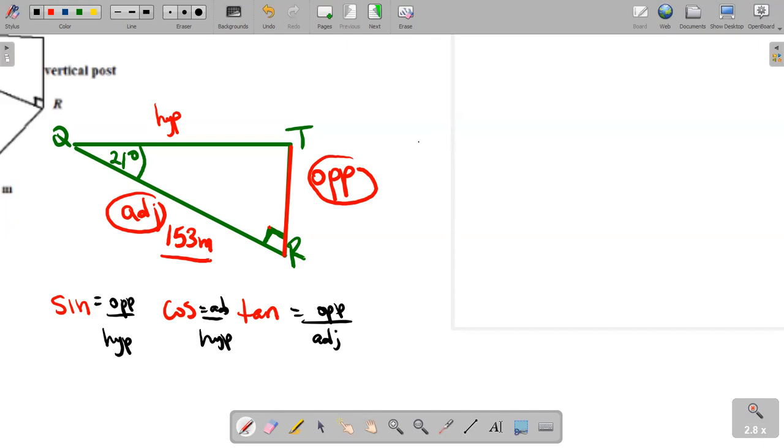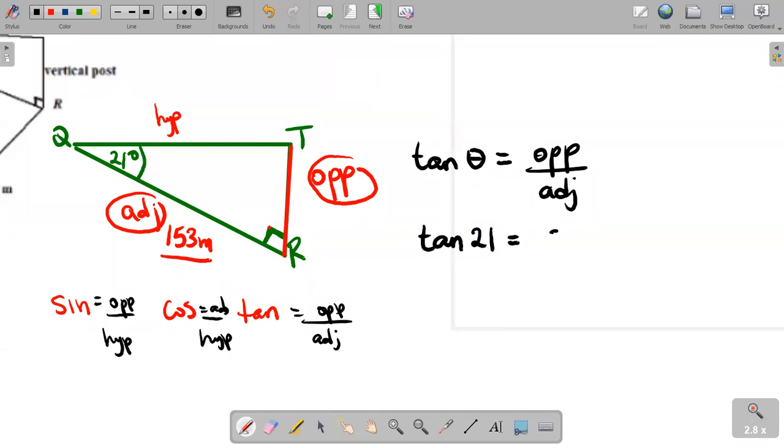So let's write the formula. Tan theta is equal to opposite over adjacent. Let's substitute. Do we know what theta is? Theta means angle. So what's the angle they gave us? So tan 21 is equal to opposite. Do we have the opposite? No. So let's use X to represent the unknown, over the adjacent.